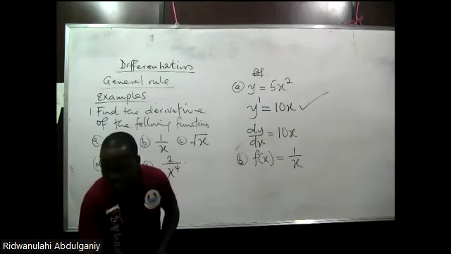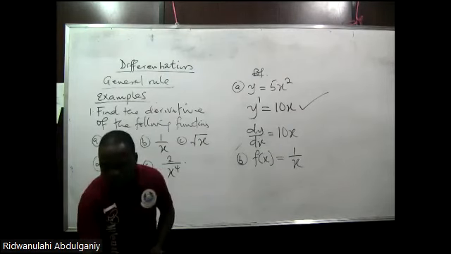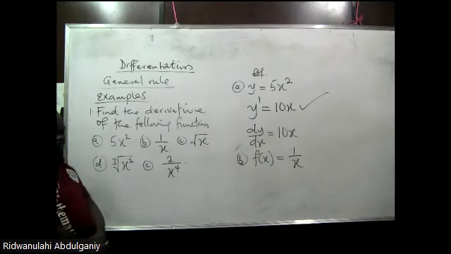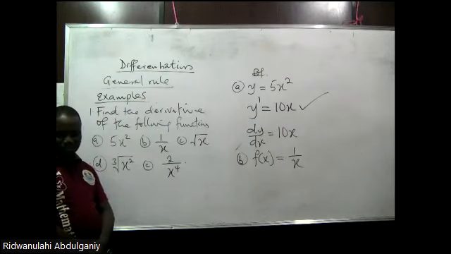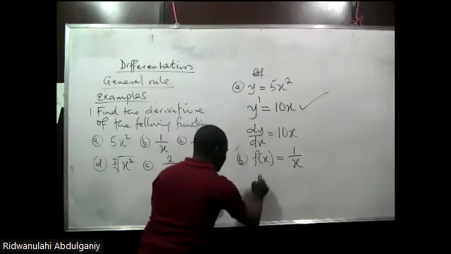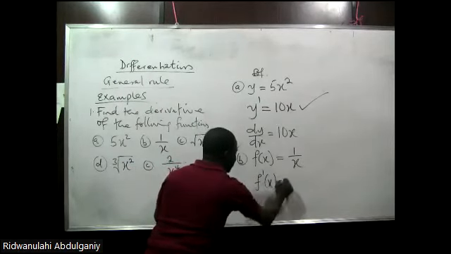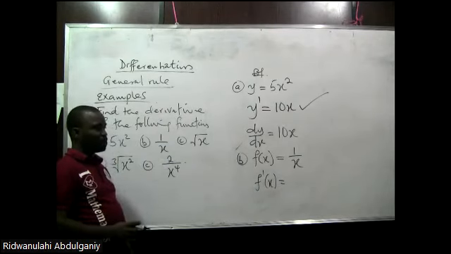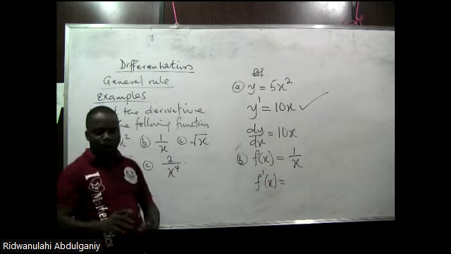Esther, kindly unmute yourself, please. Good evening, sir. I just want to try. Okay, f prime of x is equal to, okay, that 1 over x, we're going to change it to x raised to power minus 1 first.